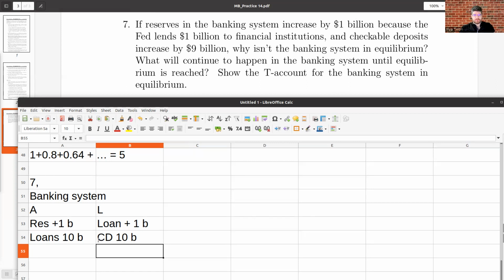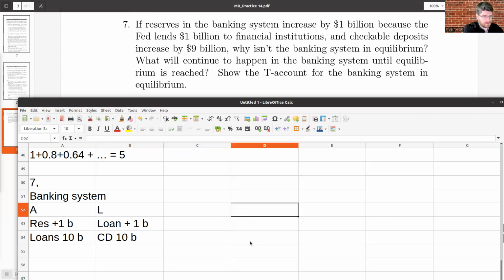The excess reserves will be lent out. And so these excess reserves will end up with 10 checkable deposits, not 9. Excess reserves end up with 1 billion checkable deposits. So that's why it is not in equilibrium. And the equilibrium in the banking system will be with this T account.